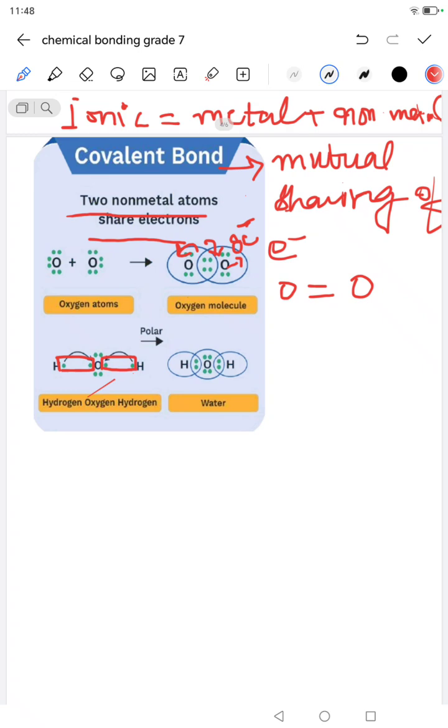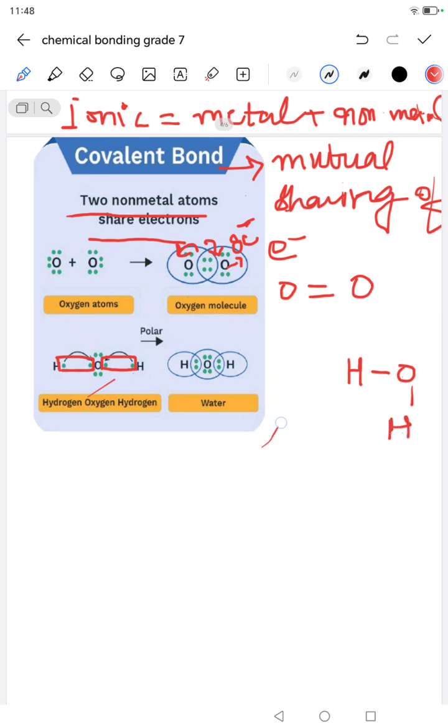So now hydrogen has 2 electrons as well as oxygen has the 8 electrons. So that's how the mutual sharing of electrons occurs. So here we have 1 electron of oxygen and 1 of hydrogen, they are mutually shared. So that's how it makes the single bond.